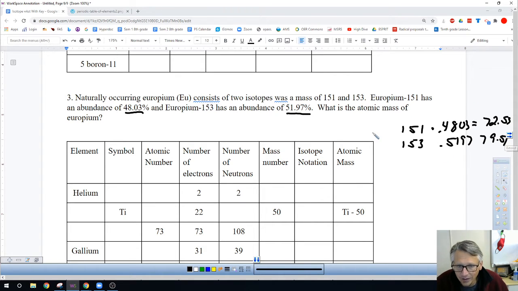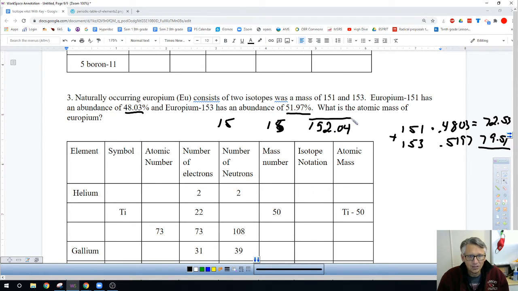And if we add them up, so that will give us 100%. So if we take 72.53 plus 79.51, we get 152.04. My fives are really bad today. So that is what would show up on the periodic table. So that's how that's calculated.